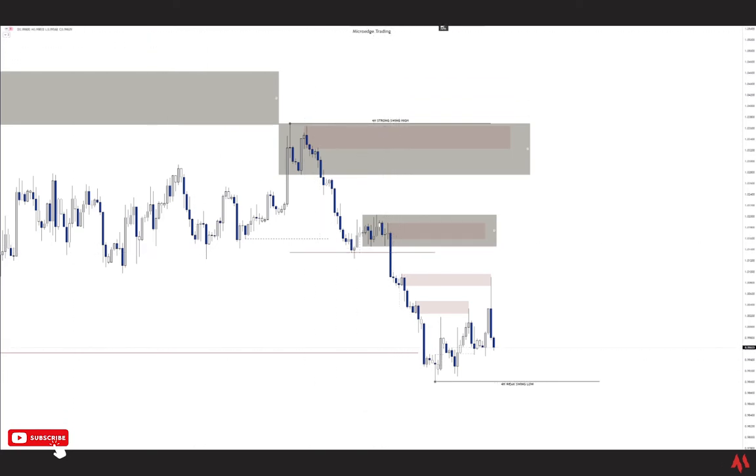So looking at our internal structure over here, we can see supply trying to hold, causing a bearish change of character on the 4H, which we had no follow through, making this a liquidity grab for higher prices on the 4H.